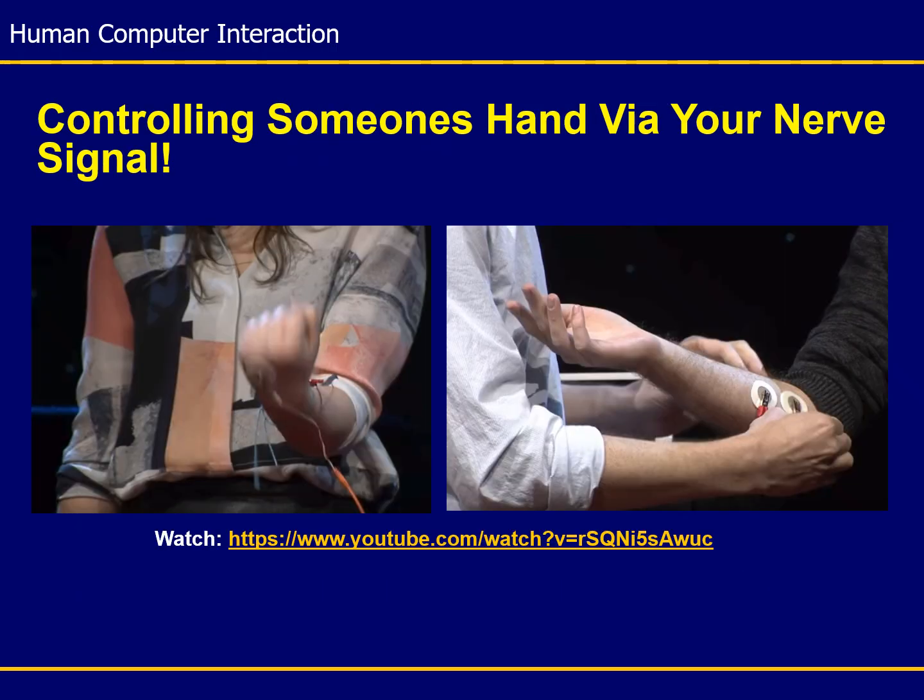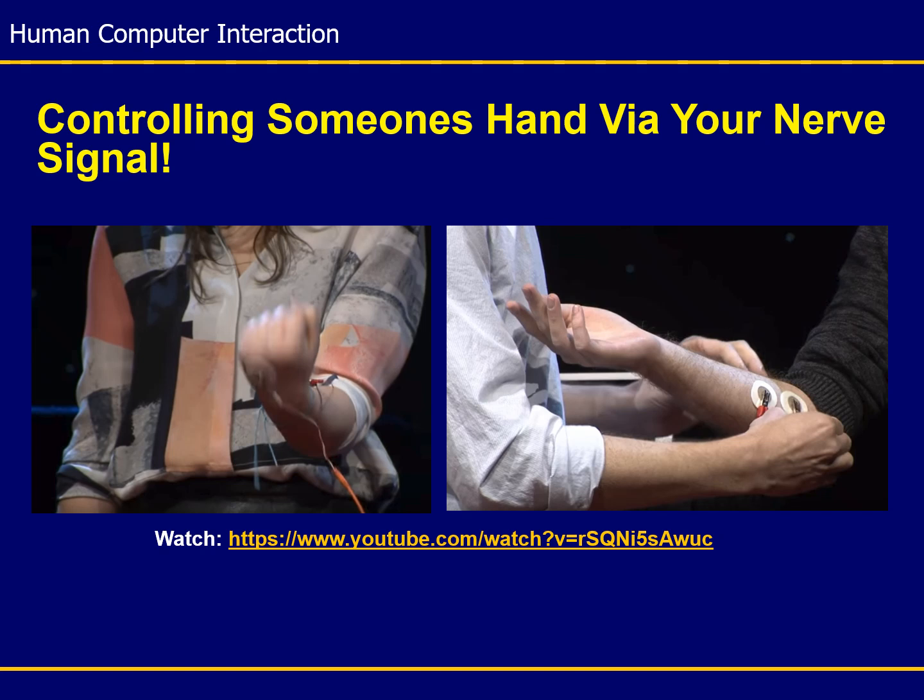Now here is another video. I would also like you to see it. Here is like the two sides of the story. You have this lady who will make an action, and then we will capture the vibration or the electrical signal, if you'd like to be more accurate, and then we will replay that in the guy's arm.